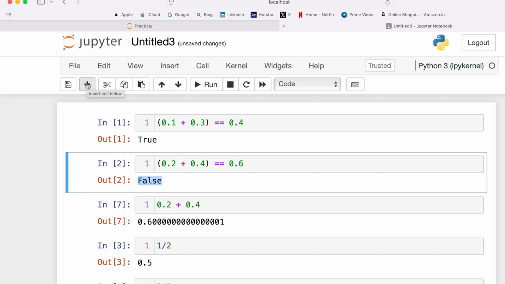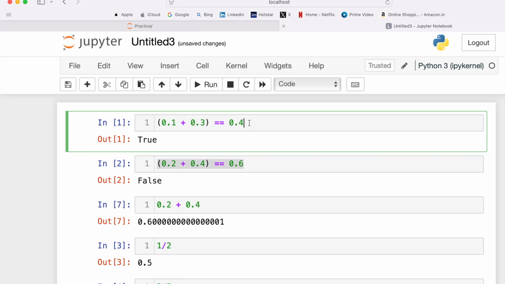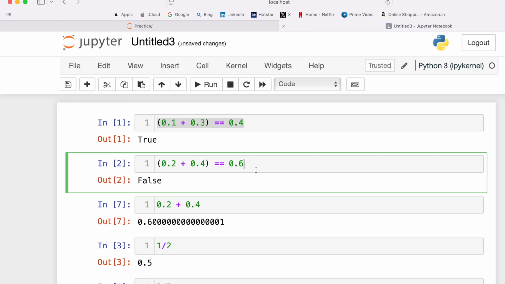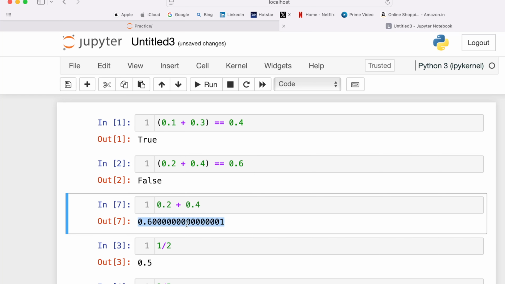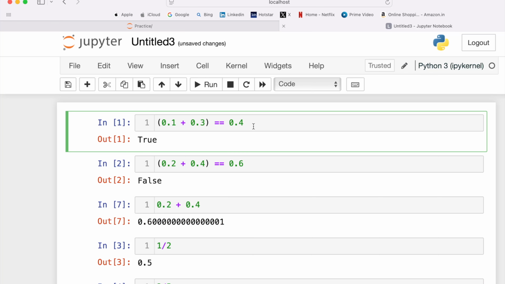Now the question here is why this statement is false whereas this statement is true. What is happening here is that with some numbers the approximation errors cancel each other, and that is the reason by coincidence we are getting this as true.